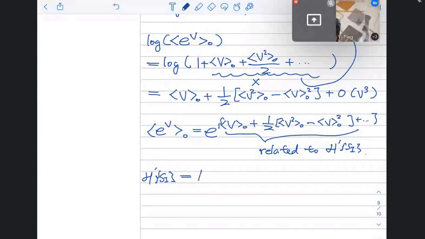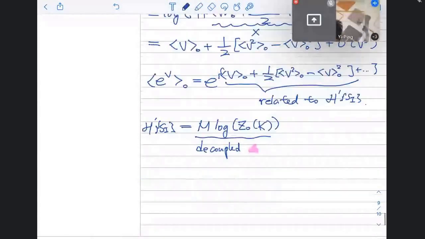We'll now have two terms. One is m log z naught. Okay, so this is coming from the decoupled. And you will need to add these terms.